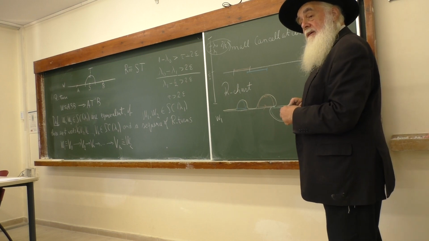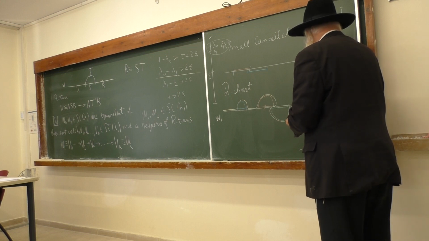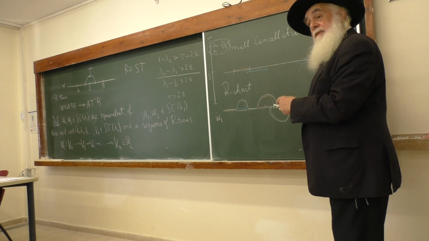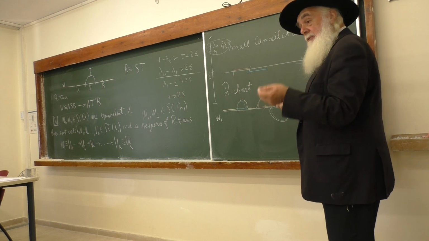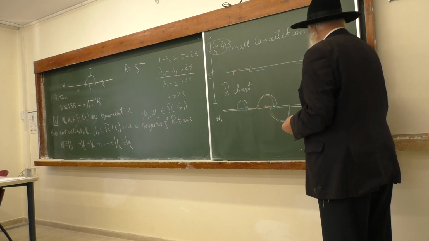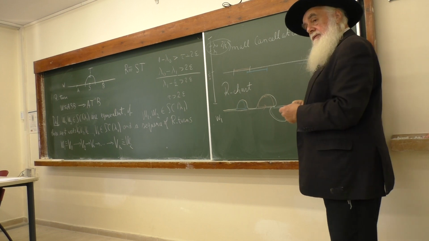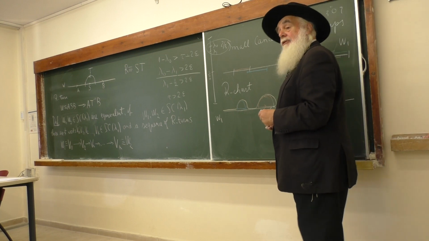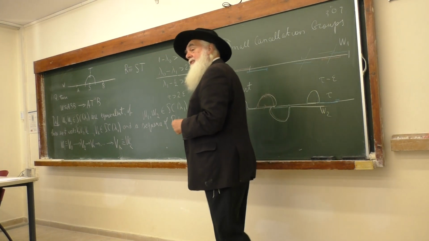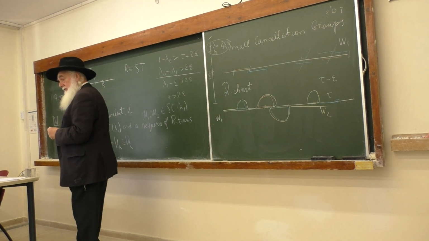But maybe its length was more or less tau before we performed the turn, and after we performed it, it became tau minus epsilon. So it will be below our threshold. So it will disappear from the chart of the new word.